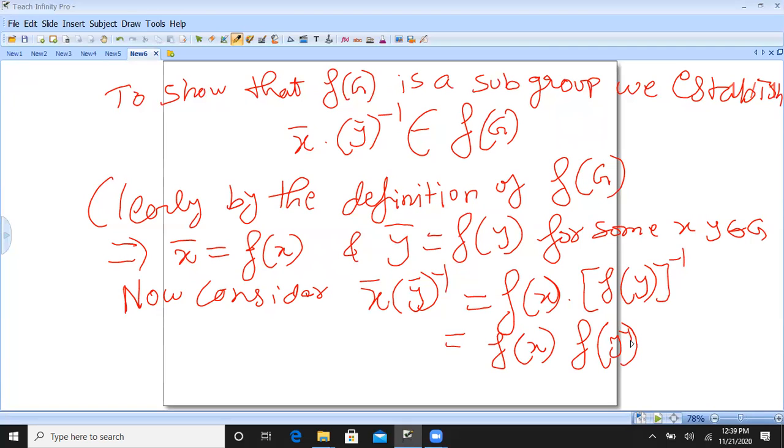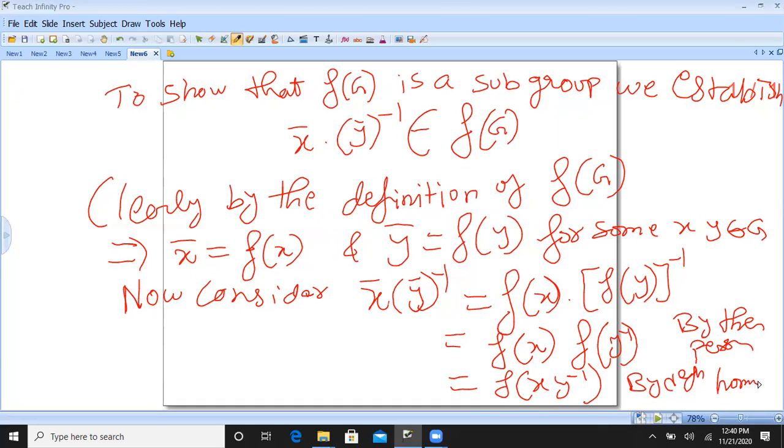This is by theorem number 37, which we already defined as the previous theorem. Now we write this as f of x y inverse by the definition of homomorphism. So these theorems are connected, look. So next page I will be explaining this.